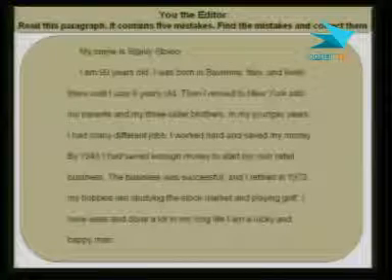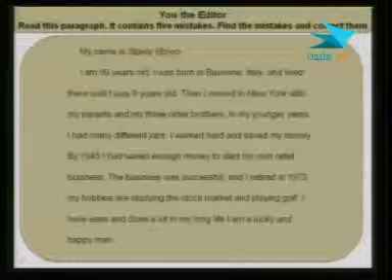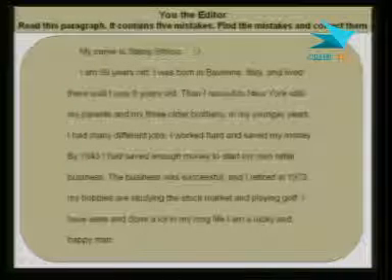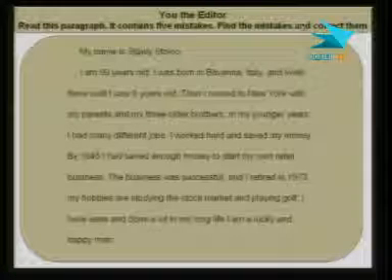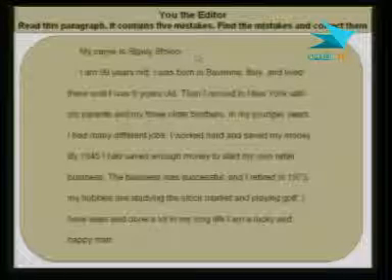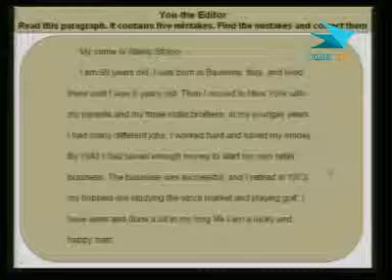Remember this paragraph here? As you can see here, I asked you to correct the mistakes in this paragraph, and it says here, read this paragraph. It contains 5 mistakes. Find the mistakes and correct them. You can find out, of course, the mistakes by reading through it, and I think you did that.